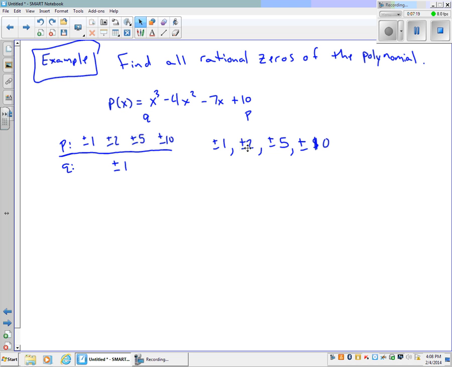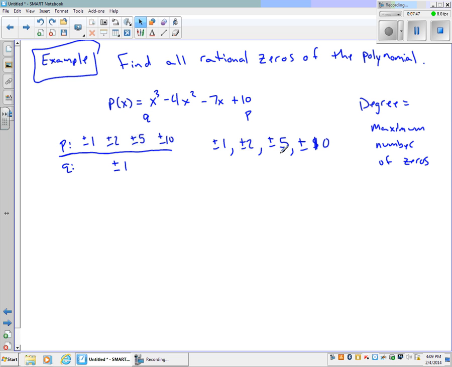Now we need to test these until we find possibly 3 zeros, because the degree of the polynomial tells us the maximum number of zeros there could be.